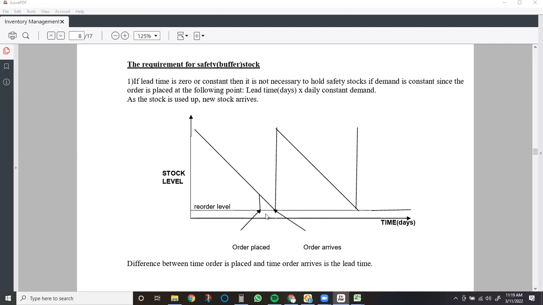If there was no safety stock required, this reorder level, okay, need not be placed at a level where there is safety stock remaining. Okay.